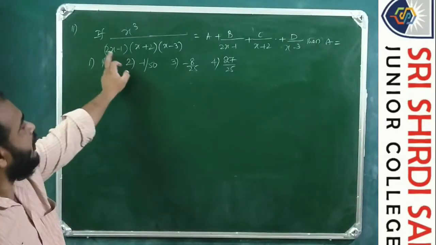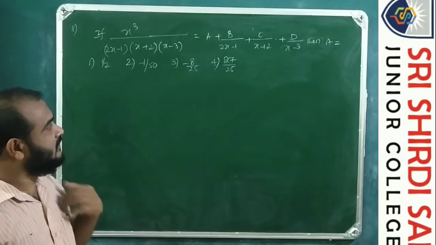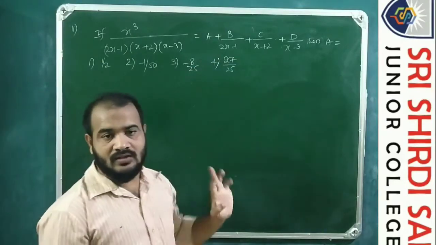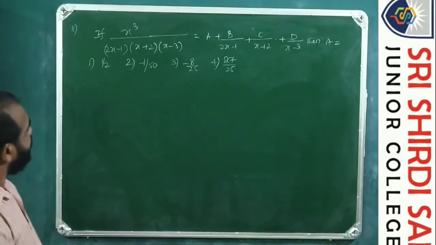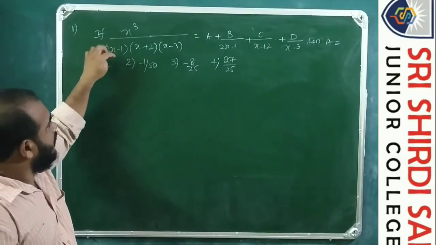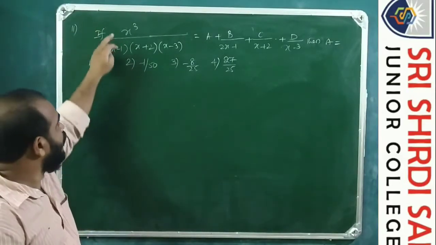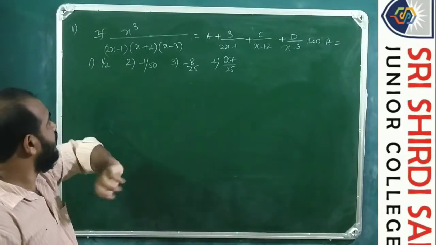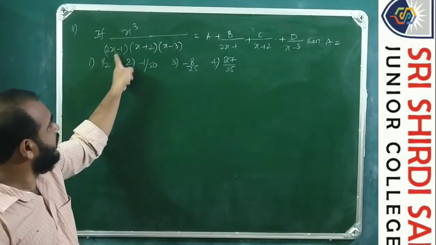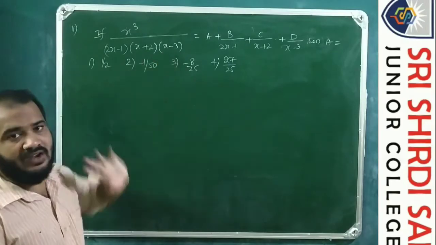If x cube by (2x minus 1) into (x plus 2) into (x minus 3), so this is the question given. So here this is an improper fraction with the degree of numerator and denominator being the same, power 3. Here also 2x into x into x, 2x cube, power 3.